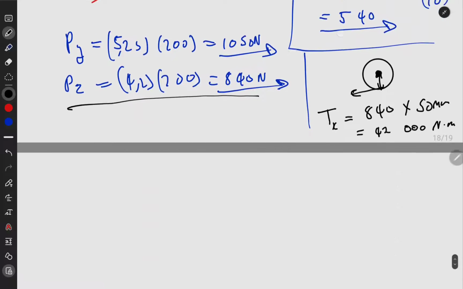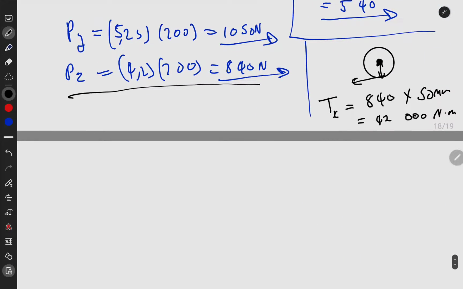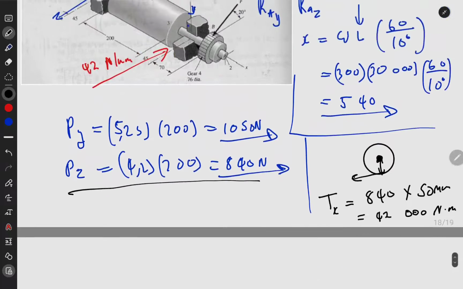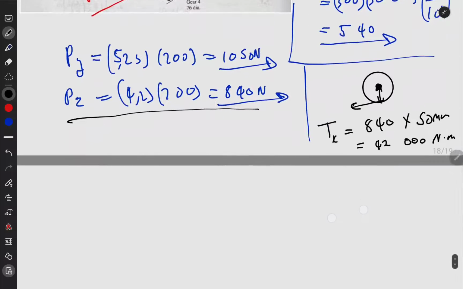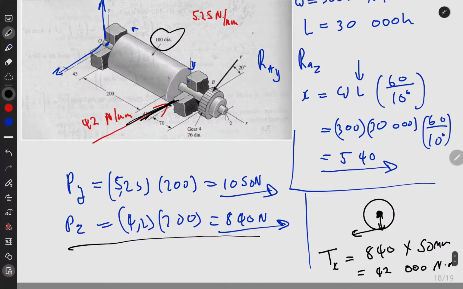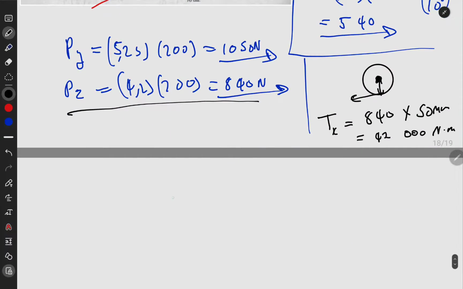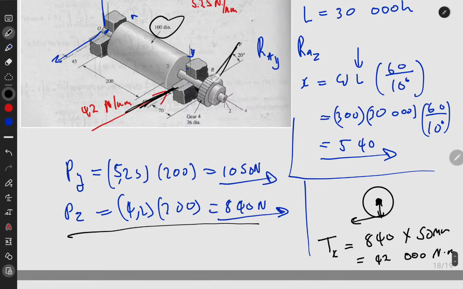Let me get another page. So now, along these axes there was this force here, and there's also a force that is applied on the gear here. It's more like the force that is driving the whole system. That force is applied at some angle, so we can say the torque caused by this should be the same as the torque here.